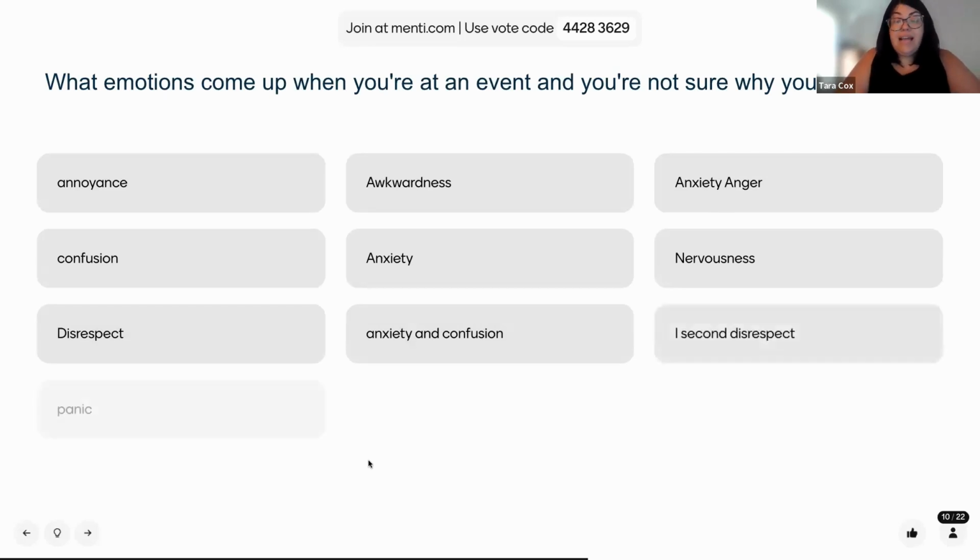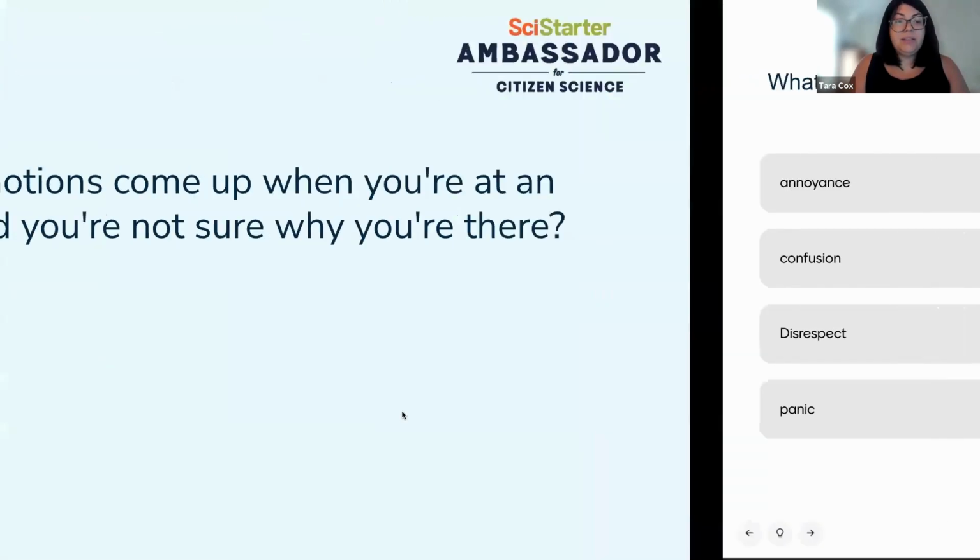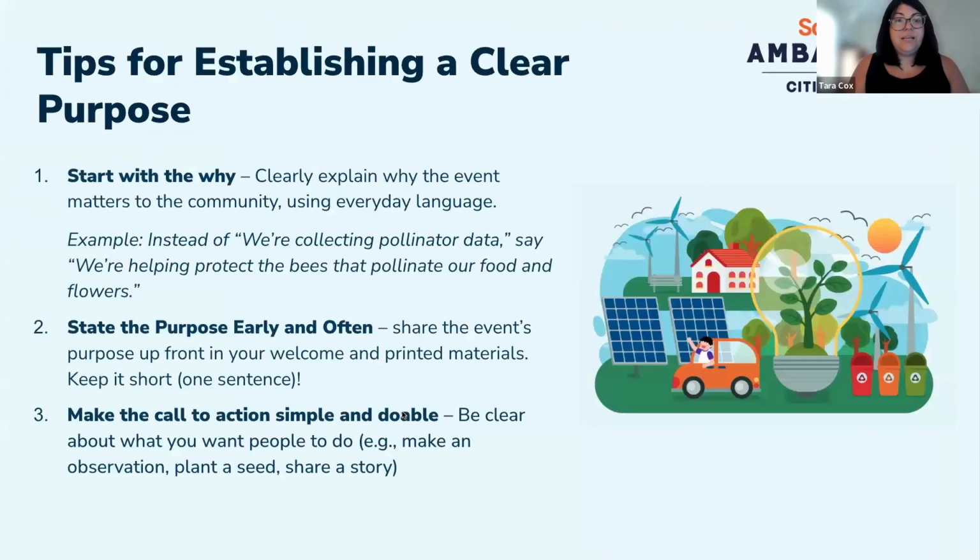And these are not, as we can see, positive emotions, which is what brings us to our second essential element. Establishing a clear purpose. Some of you already mentioned this earlier when we were brainstorming what makes you feel like you've been to a good event. Understanding why you're there is essential, and that starts before the event, right?